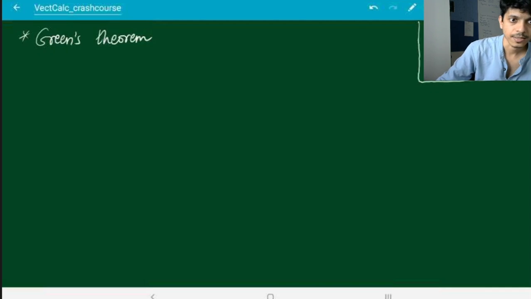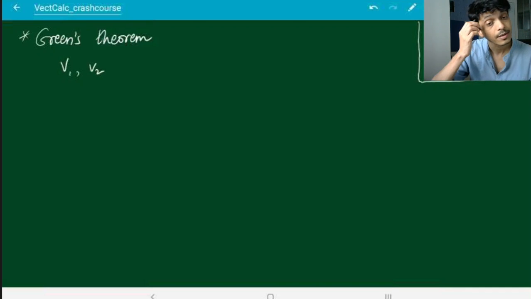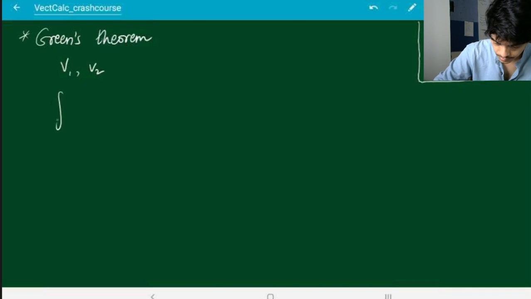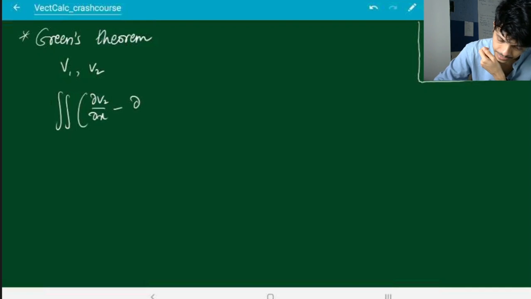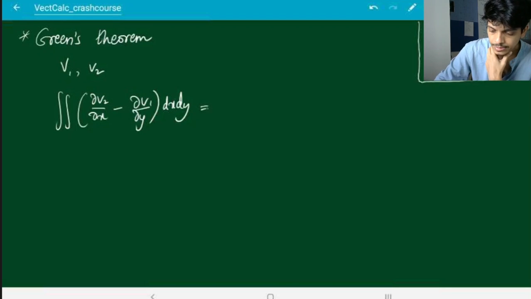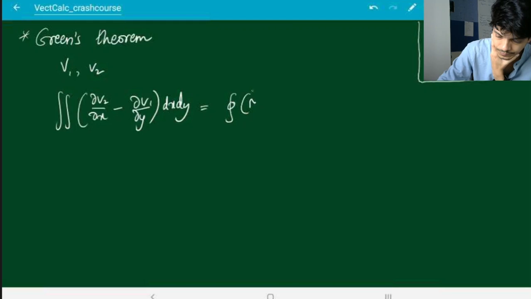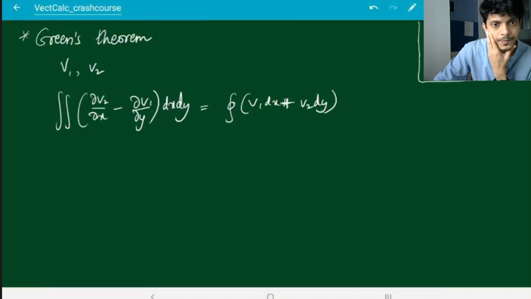It says that, let's say you have some functions v1 and v2, these are some scalar functions, then on a surface, del v2 by del x minus del v1 by del y, if I do this surface integral, this is equal to a closed loop integral of v1 dx plus v2 dy.